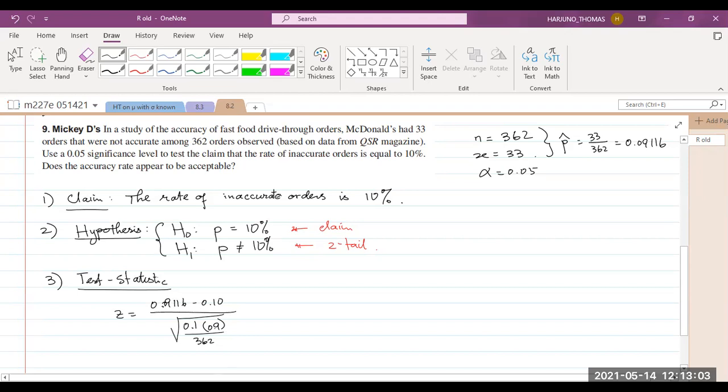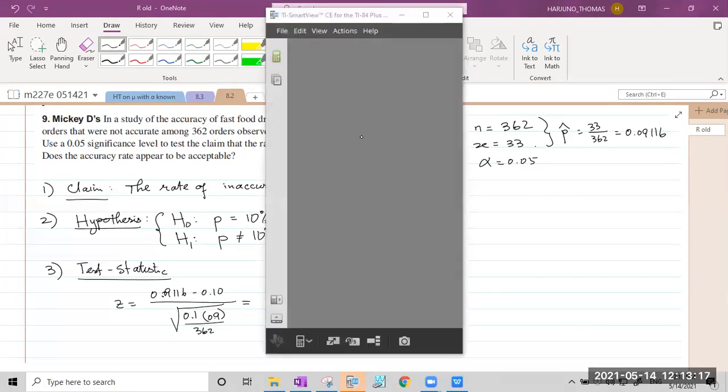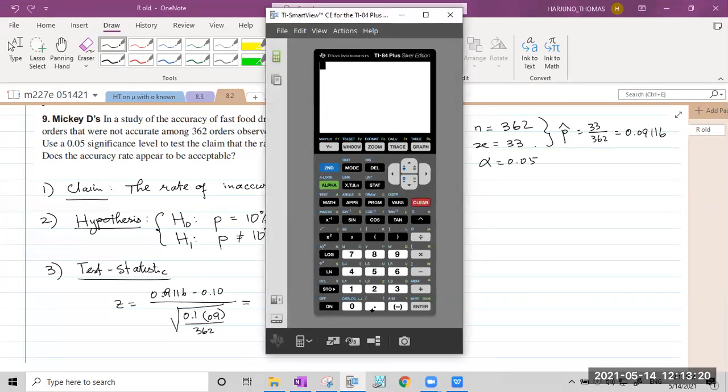Okay, so then we compute this. I need you to know how to use the calculator for this one though. So let's take a look. I will do 0.09116 minus 0.1. You know what? Let me do it this way because that's already rounded, right? So let me do it this way, 33 over 362.